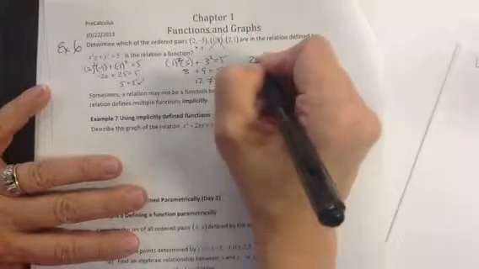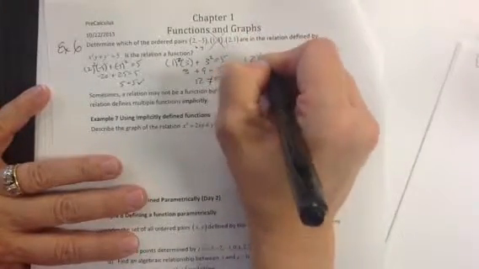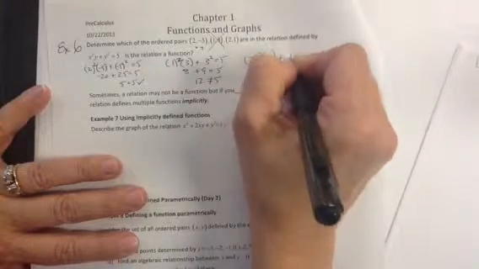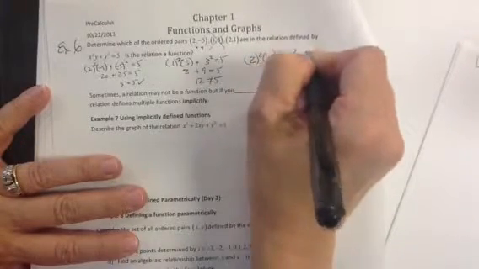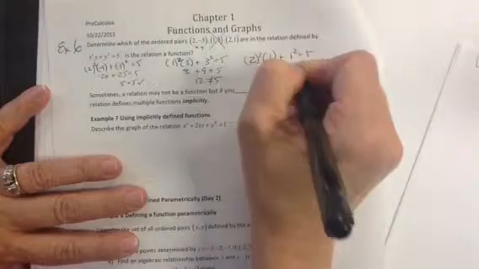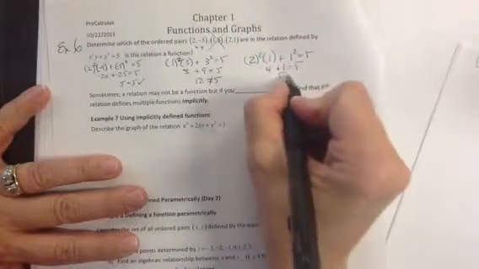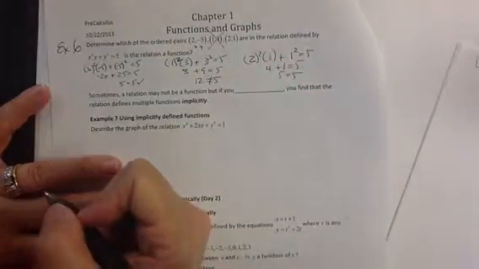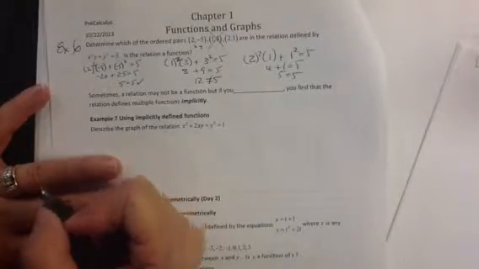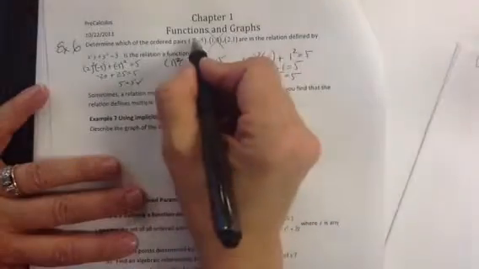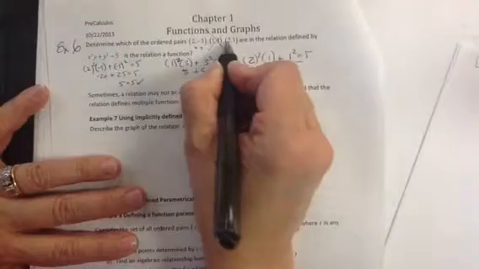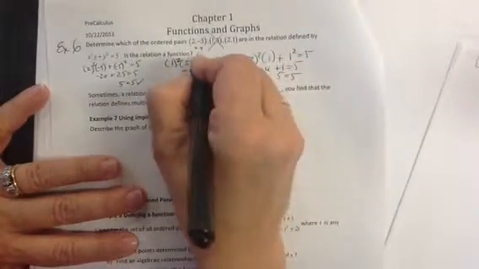Do the same thing with the next one. 2 squared times 1 plus 1 squared. Now I get 4 plus 1 equals 5. And this one definitely is a part of this relation. Now I have to determine, is this relation a function? Well, 2 goes to -5 and 2 goes to 1, so no, it is not.